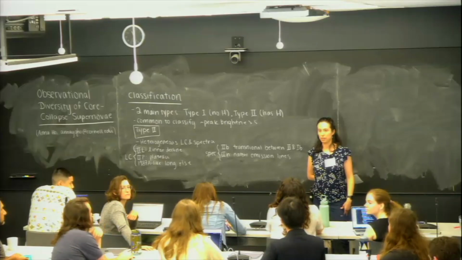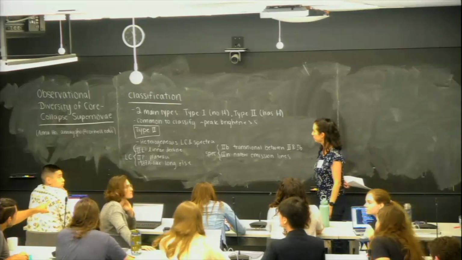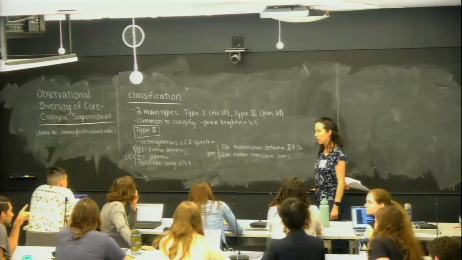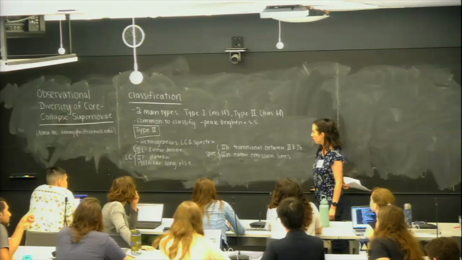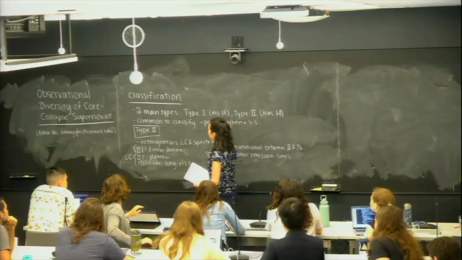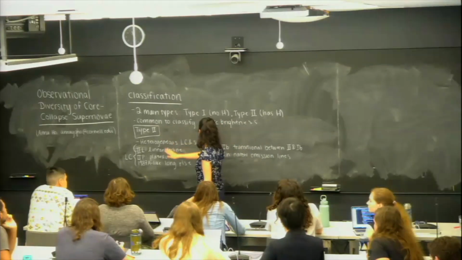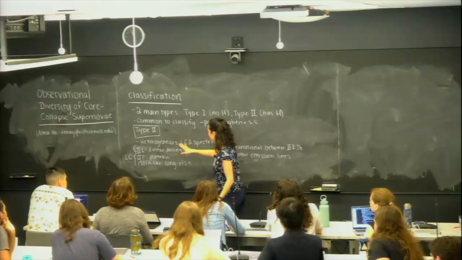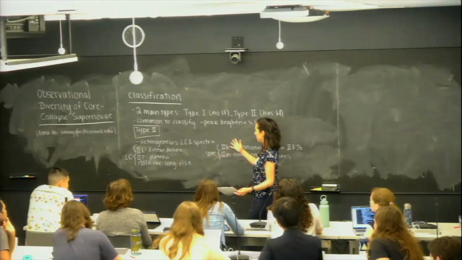Any other questions? So maybe a clarification question. If I just look at the light curve, every supernova will fall on these three? No. So this is just type 2s for now. To me, these are the 5 type 2 subtypes.